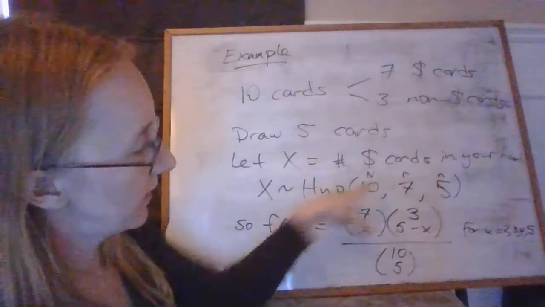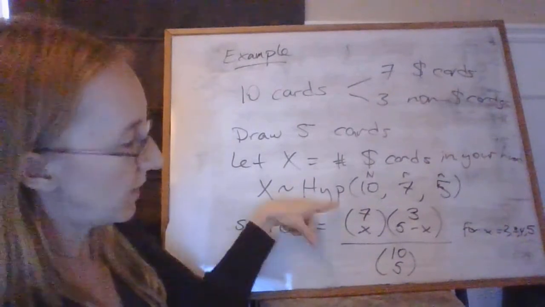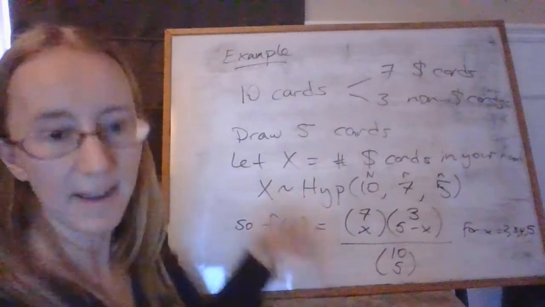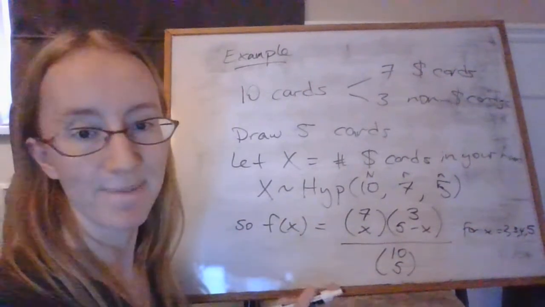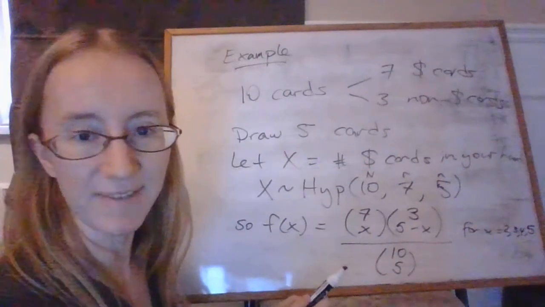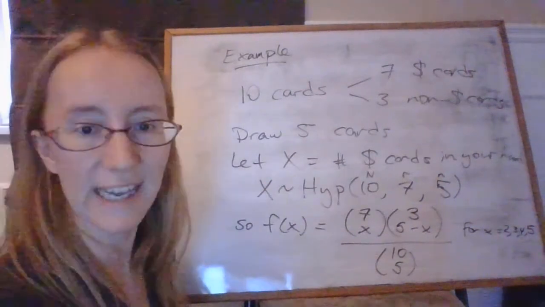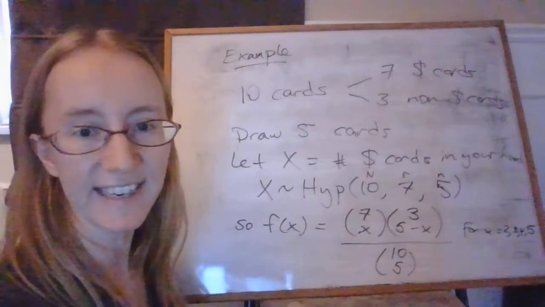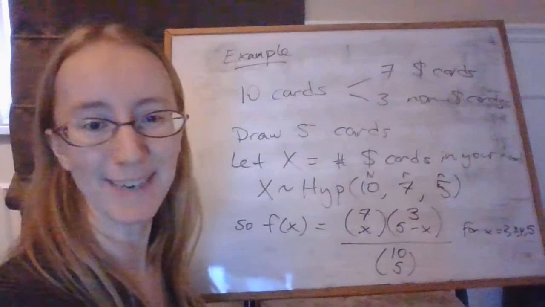That says that the numerators, as x goes from 2 up to 5, sum to 10 choose 5, and thus the sum of this probability function adds up to 1 perfectly. Kind of neat. You can try that out. Think about the probability of getting an opening hand with 5 money cards. It's reasonably likely, and it's less likely to get only 2 in an opening hand. That's good news if you play Harry Potter Hogwarts Battle or Dominion.